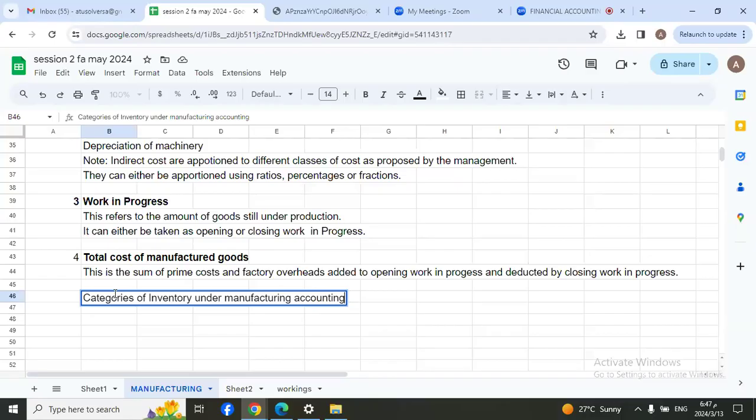They might ask you, which of the following inventory must be included when determining the total cost of manufactured goods, except. So you find that under section A. Please, if you have heard of it, I hope you will get it correct. So we are going to look at the categories of inventory under manufacturing account.